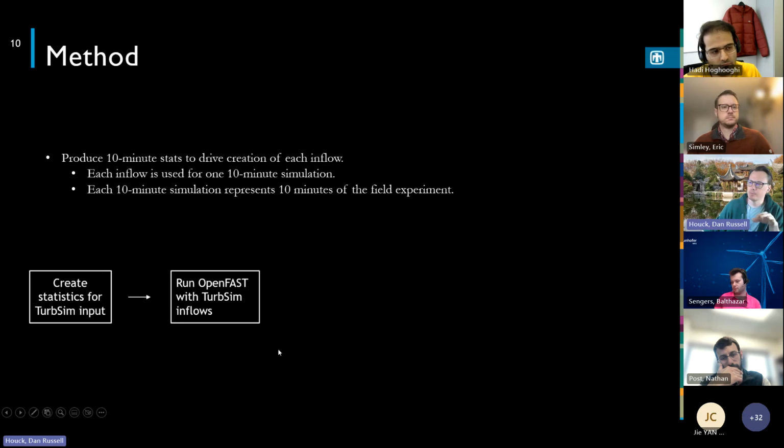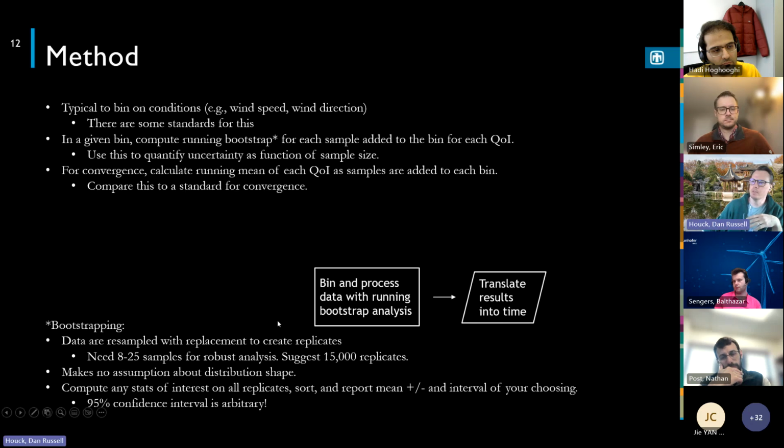All right, this step's pretty straightforward. When you have all that data, you'll process it into these 10-minute statistics, and then each inflow is used for a 10-minute simulation, and each 10-minute simulation stands in for that 10 minutes of field experiment. And then for the processing, the normal thing to do is to bin on conditions, like wind speed and wind direction.